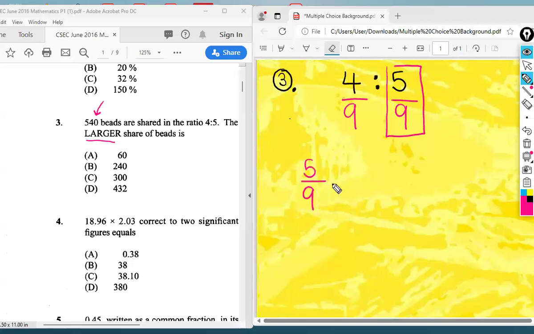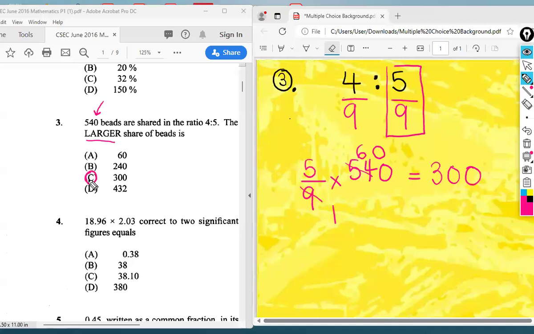You take the fraction 5/9 and multiply by 540. Like I said, you don't have your calculators on you for this exam, but 9 into 9 is 1, 9 into 54 is 6, and then you have a 0. So you end up with 5 multiplied by 60, which is 300. So the answer for that one is C.